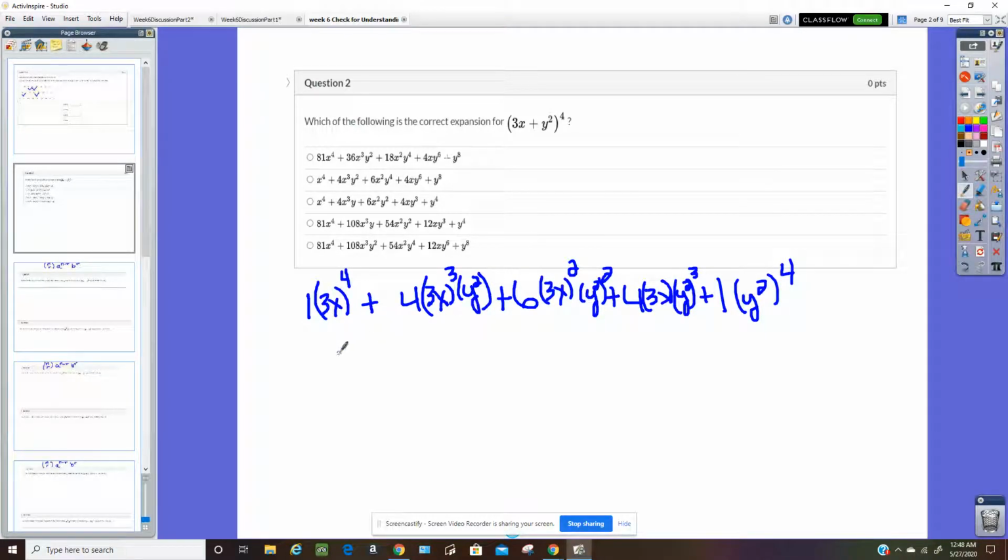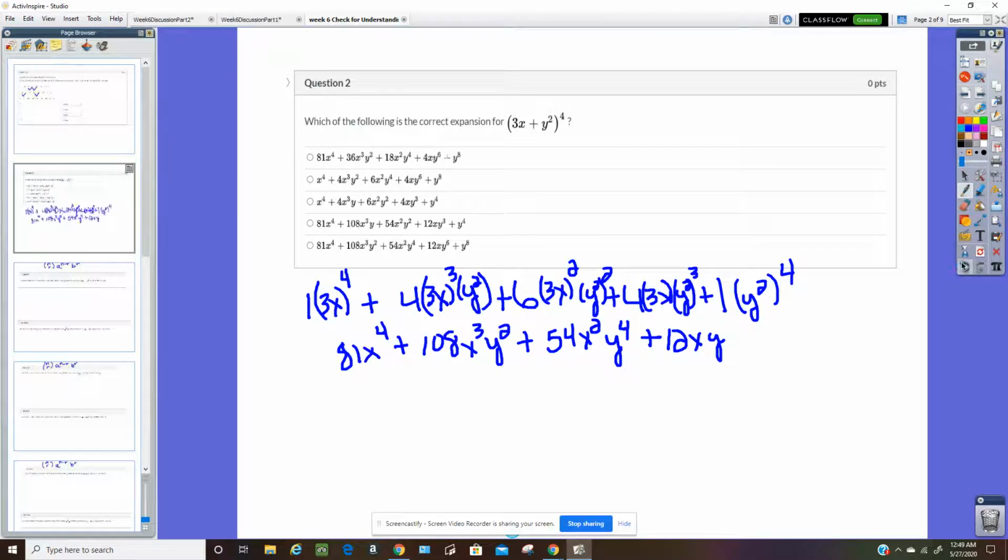All right, when I multiply this out, I get 81 x to the 4th plus 4 times 27 would be 108 x cubed y squared plus 9 times 6 is 54 x squared y to the 4th plus 12 x y to the 6th, sorry, plus y to the 8th.